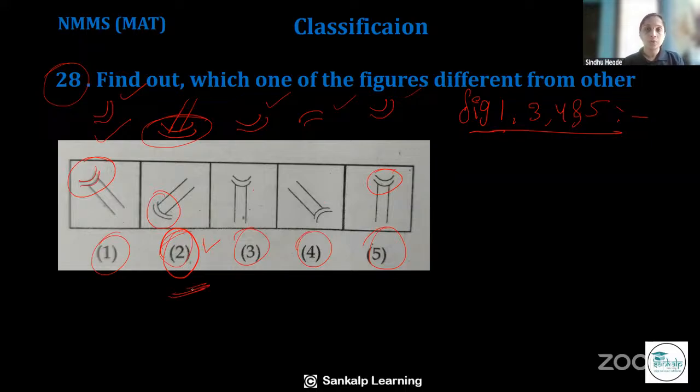And one more difference is their curved line direction. Remaining all face upward. All the curves face in the upward direction, but this one is a little bit different and faces the direction like this. So we can say that figure 2 is entirely different from the rest of the figures. So here the correct answer is answer 2. Thank you.